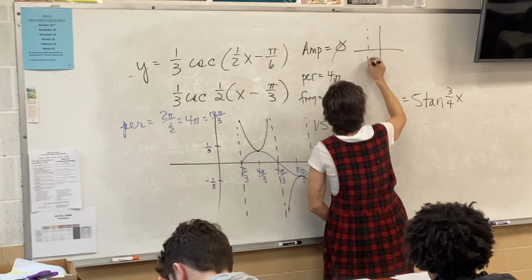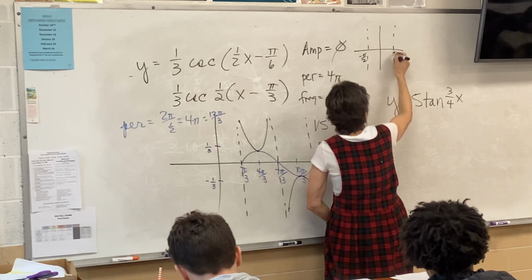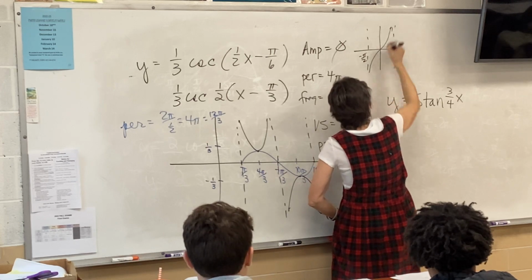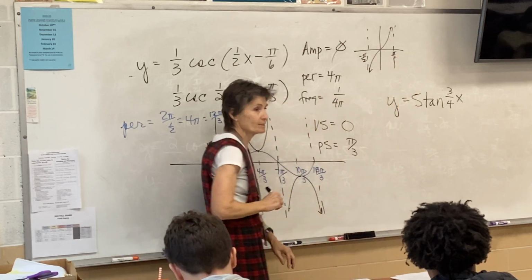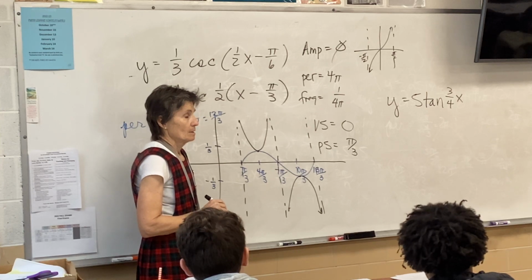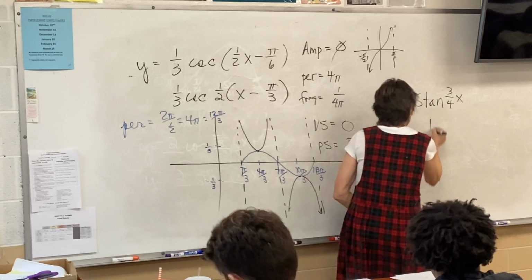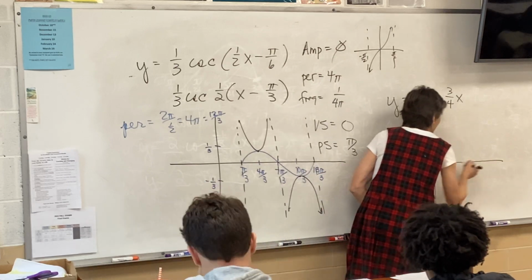A tangent has an asymptote at negative pi over 2 and positive pi over 2, and looks like that. That is your regular tangent.